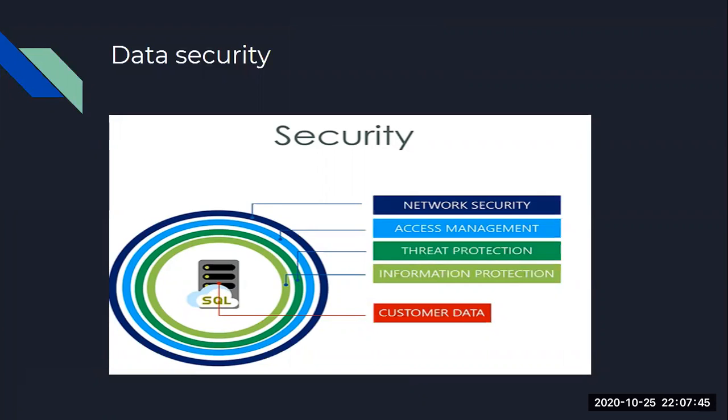We will talk about each of these in the Azure section, because network security, access management, and threat protection in Azure are very unique and very different from other environments. But I want to talk about the last layer, information protection.